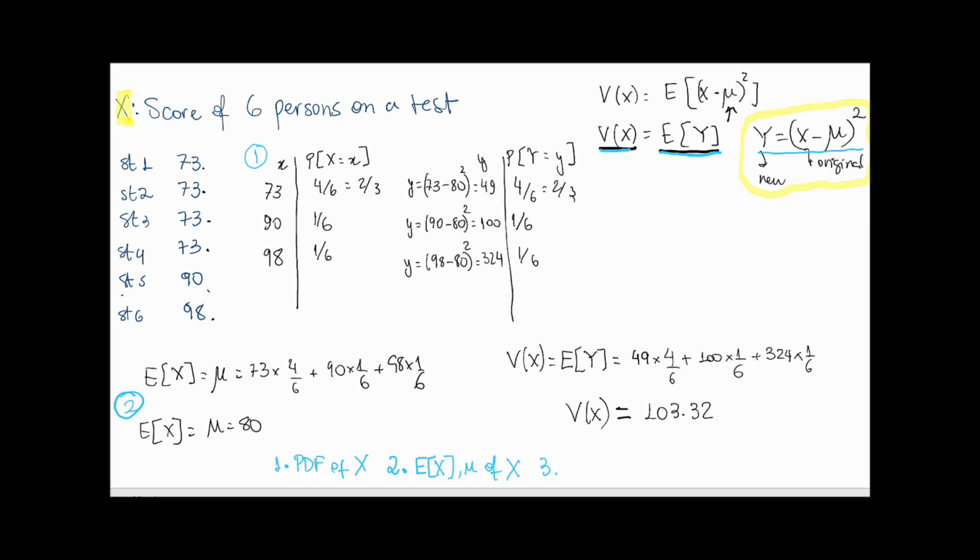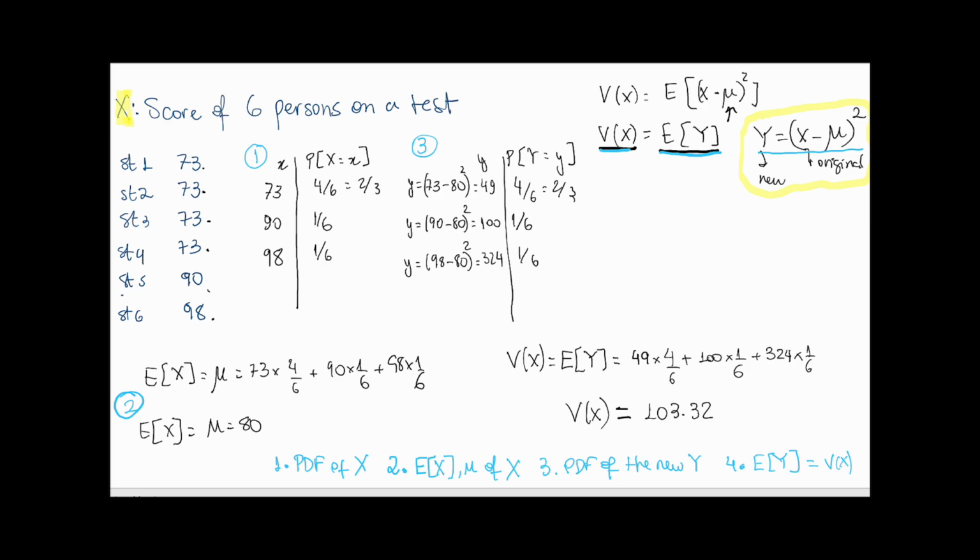So the third step is to find the PDF of the new variable, of the new y. So this is the third step. I found the PDF of my new y. And finally, after you have the PDF, you can conclude your calculation by calculating the expected value of y, which is equal to what you want, which is equal to your variance.